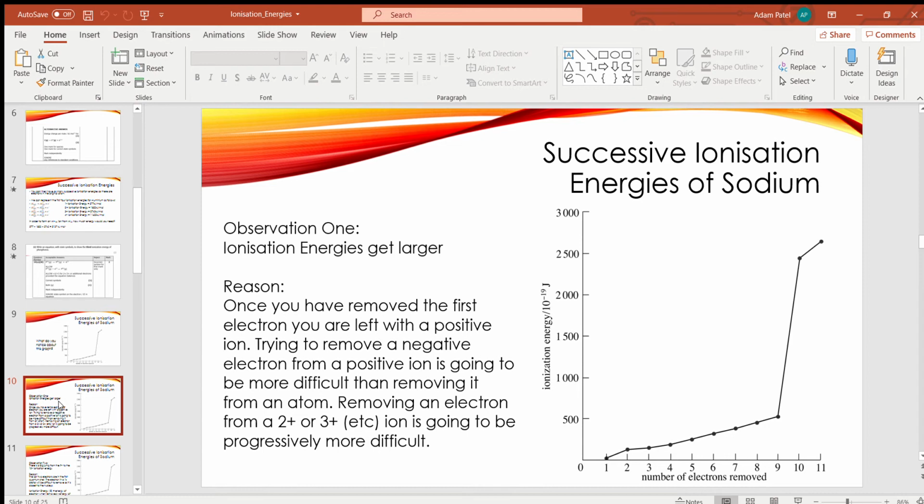So if you knock off an electron from 3s1, you go down to 2p6. So you get shells or subshells which are closer to the nucleus, which have a greater attraction to the nucleus as well. So removing an electron from a 2+ to a 3+ ion is going to be progressively more and more difficult because you're trying to remove an electron from a positive ion.